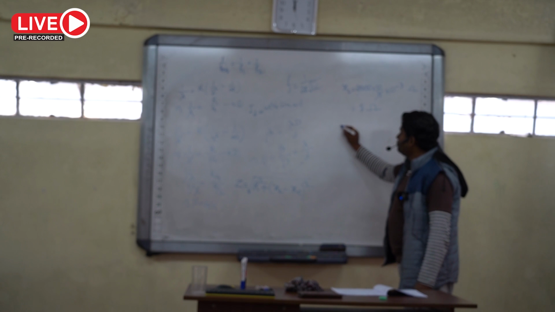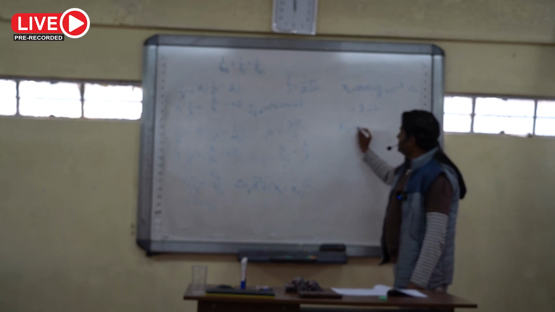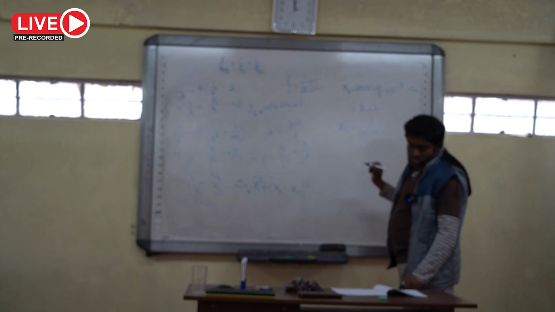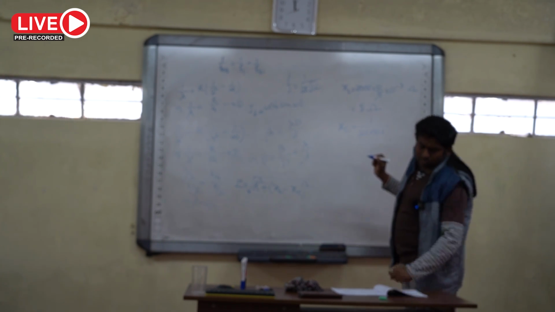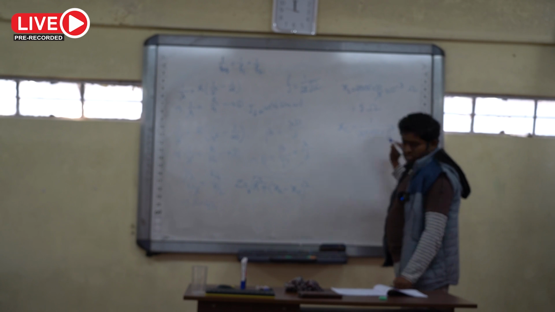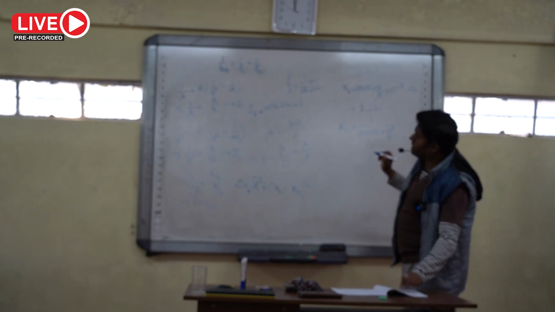Then similarly calculate XC, that is 1 by omega C. Omega means 2 pi into 50, into C, which is given 10 to the power 3 by pi microfarad.